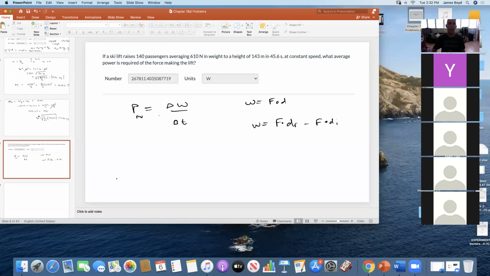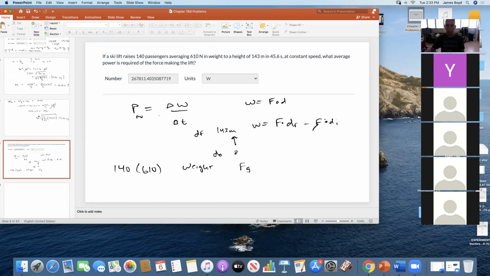We know that we have 140 passengers that average 610 newtons, so 140 times 610 is our weight, and weight is the force of gravity. So our force is 140 times 610 newtons. It brings them from a height of 0 to a height of 143 meters. So how much work is done? This is our d final, this is our d initial, and our force is mg, or 140 times 610 newtons.